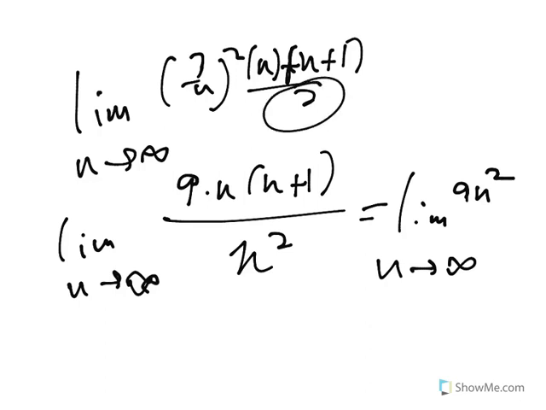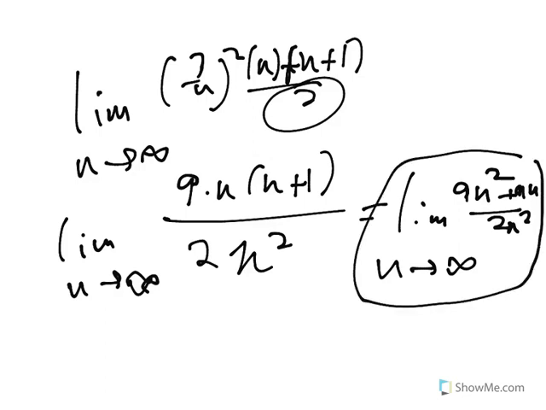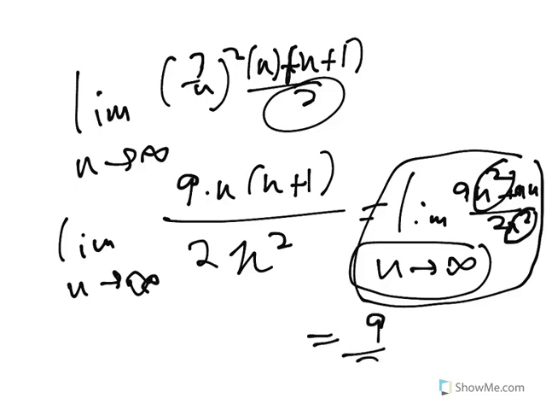Oh, see this 2 over here, I forgot that. 9n squared over 2n squared. Well, we learned a couple of lessons ago that when the limit goes to infinity and the powers are equal, the answer is just going to be the ratio of the two coefficients, which is exactly 4.5.